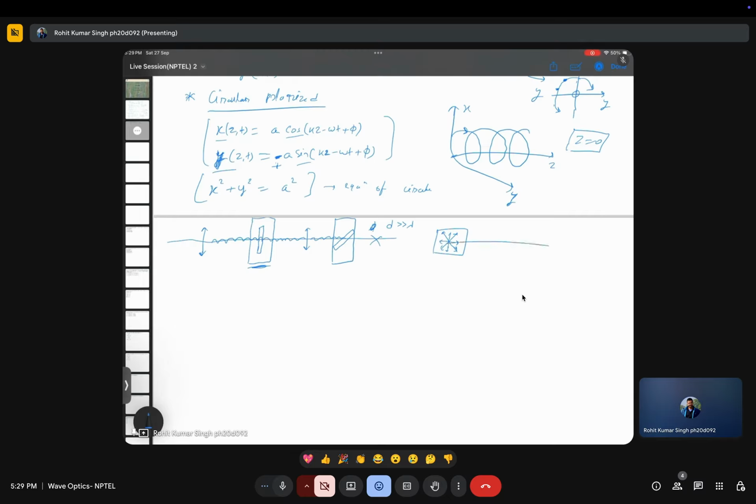But if you put a polarizer, as we call it, normally, have you ever put on goggles, like dark glasses? Goggles are basically polarizers. They contain polarizing material. That's why the intensity of light reduces.